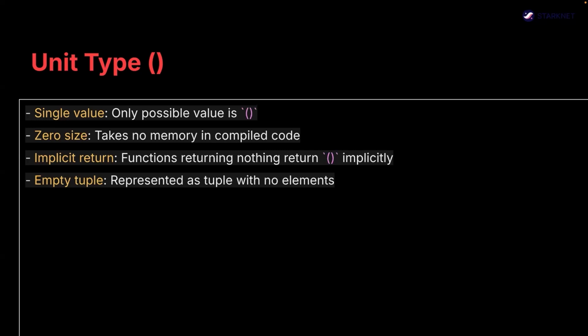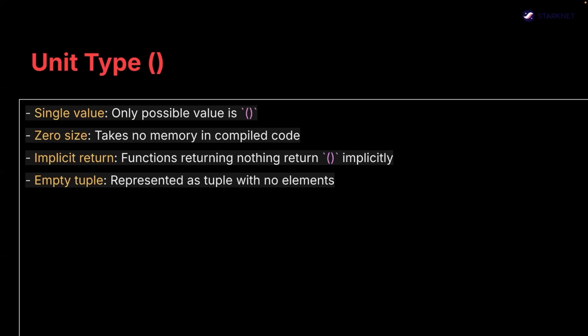When you have a function that does not return anything, it is a what? It is a unit type. Are you following? When a function does not return any type, it's a unit type. It takes no memory in the compiled code.